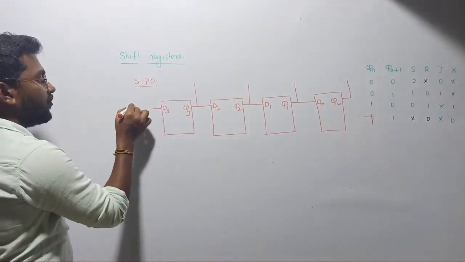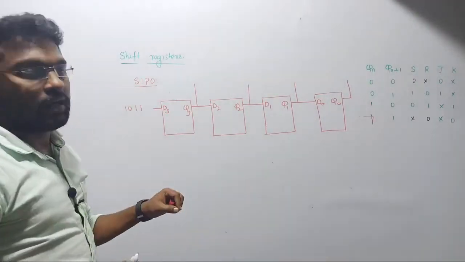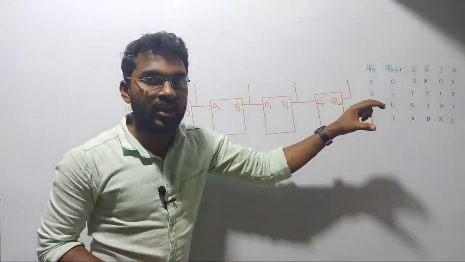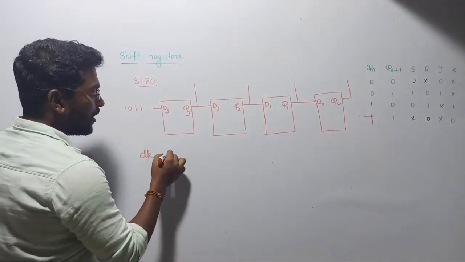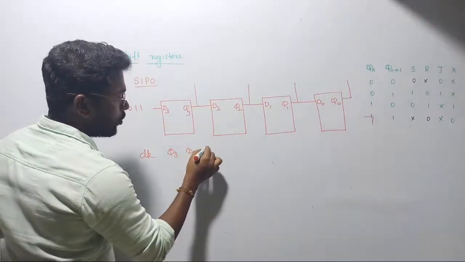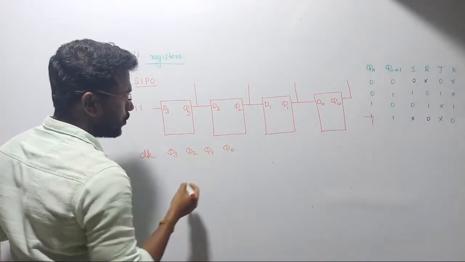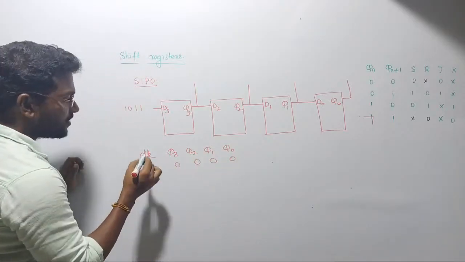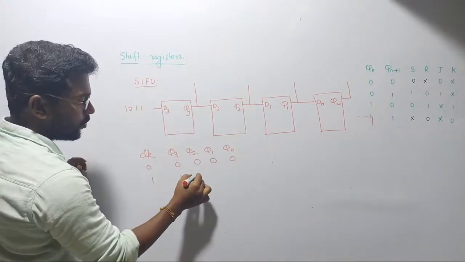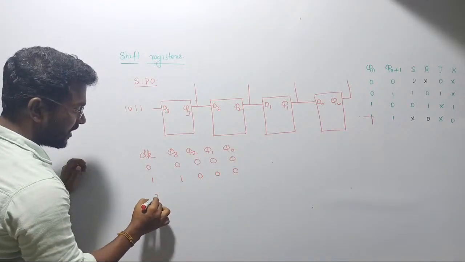Let us take the same data for a better understanding. In order to register the data serially, we already know what will happen. In the last case also we observed this, with one clock, and we need to consider Q3, Q2, Q1, Q0, right? Before applying the clock pulse, all the outputs are assumed to be 0. While applying the first clock pulse, the first data will enter the circuit, and the rest of the values are 0. While applying the second clock, what will happen?